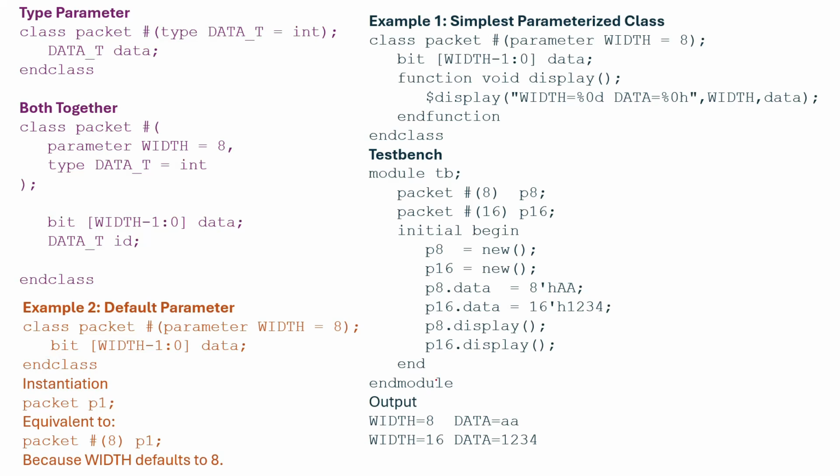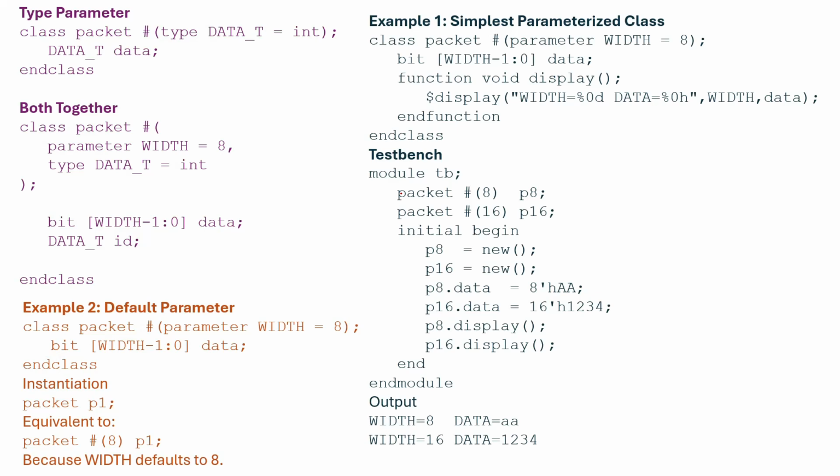So how are we creating the type parameter here? Just see this class packet, data_t equal to int. Data underscore t means data type. What is the data type I am utilizing here? Integer data type. If someone says you need to use logic, then data type t equal to logic we can place, and everywhere it converts to logic. After that you can use another data type like byte.